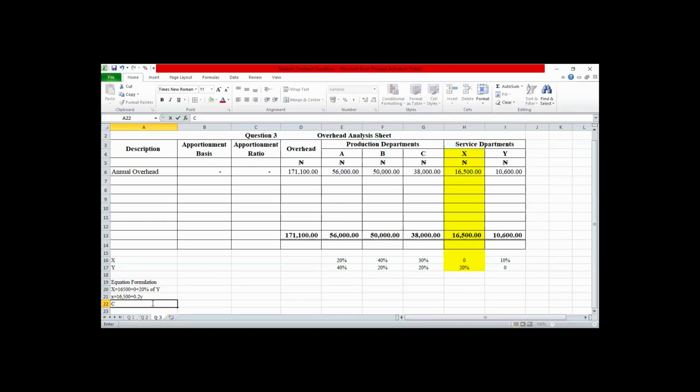Collect like terms, which will now be X plus 0.2Y equals 16,500. This one, we refer to as equation 1.